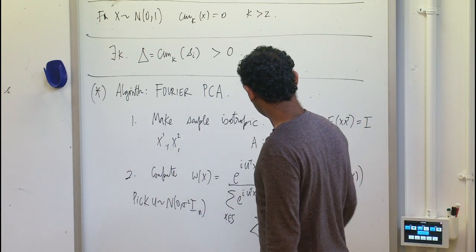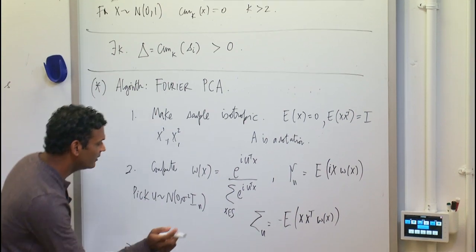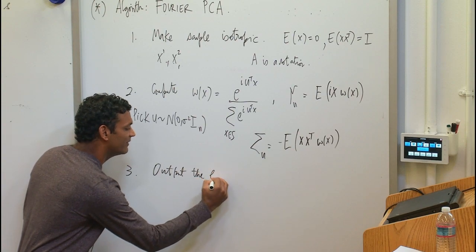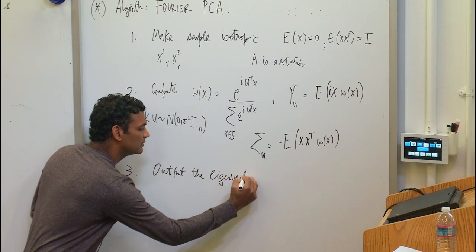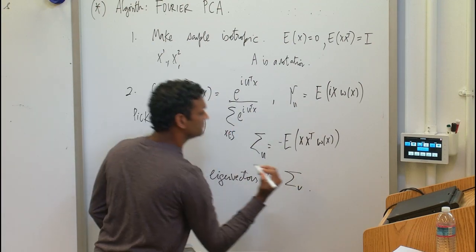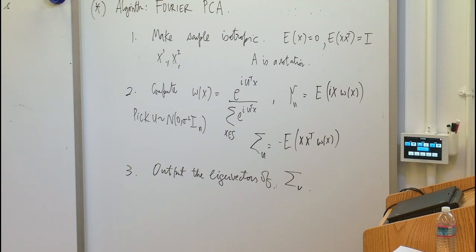And now step 3, output the eigenvectors of sigma u.